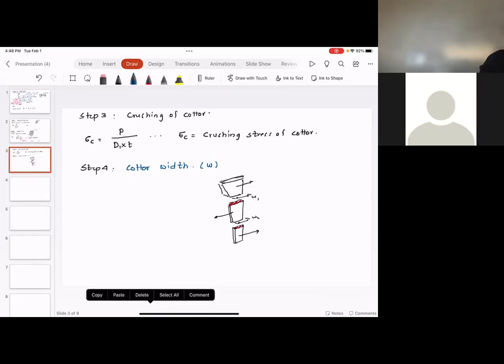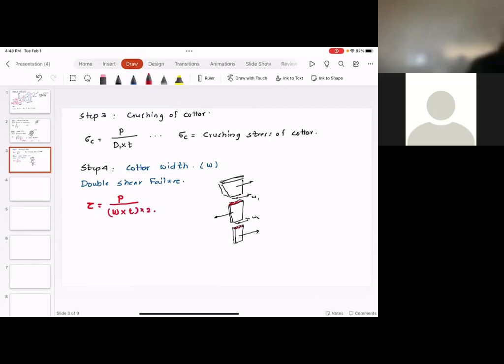Considering double shear failure, tau is equal to P divided by W times T multiplied by 2.